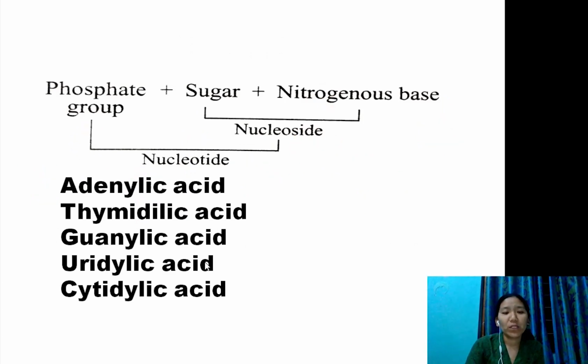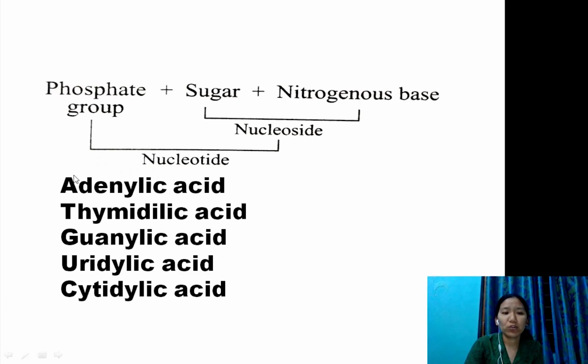Now the third one is nucleotide. So let us see here. Sugar and nitrogenous base will give us a nucleoside. We have learned till here. Now, when these nucleosides form a bond with a phosphate group, when the phosphate group and the nucleoside are linked by a phosphodiester bond, we get a nucleotide.